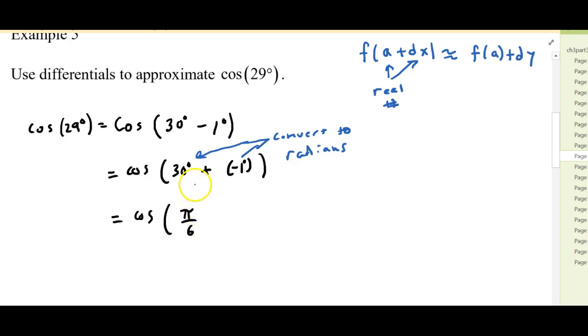For negative 1 degree, I know 180 degrees is equivalent to pi radians, so 1 degree will be pi over 180. This will be negative pi over 180.